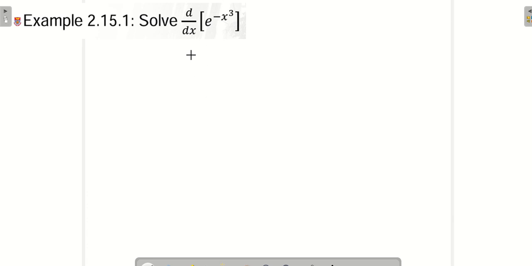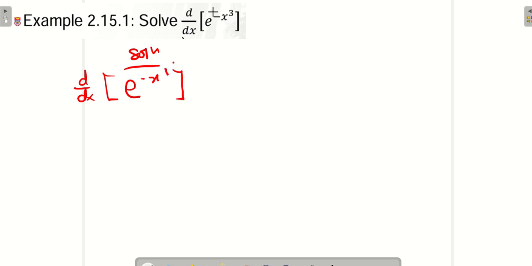Now in this question we are to differentiate. The question says solve the derivative. Solve. It means that this expression means we should differentiate. So what do we do? We are differentiating d dx of the expression e to the power negative x cubed.